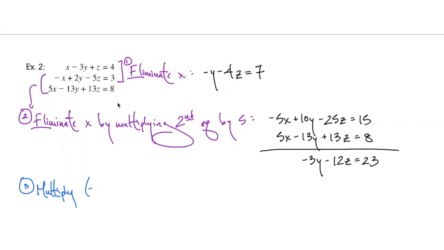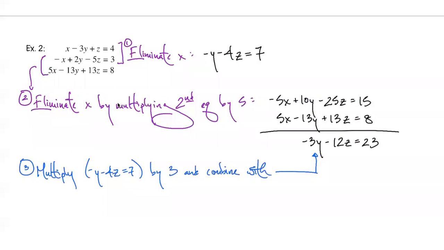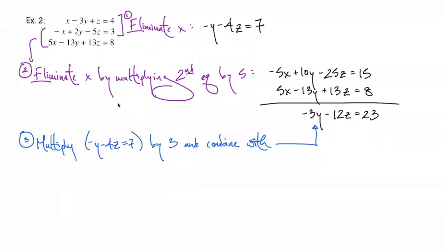Or I guess once you're done distributing, then subtract it by the negative 3y minus 12z equals 23. Right, we're going to multiply by 3. Alternatively, we could multiply by negative 3, right? Your choice. And so if we multiply by 3, we get negative 3y minus 12z equals, let's see, 3 times 7 is 21. I'm going to stack that on top of the other equation.